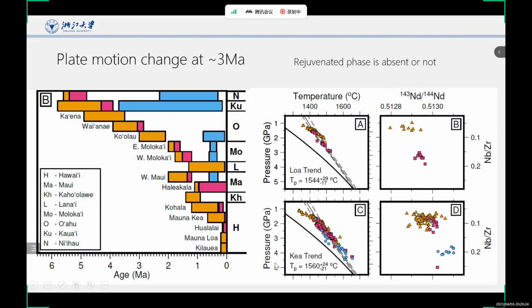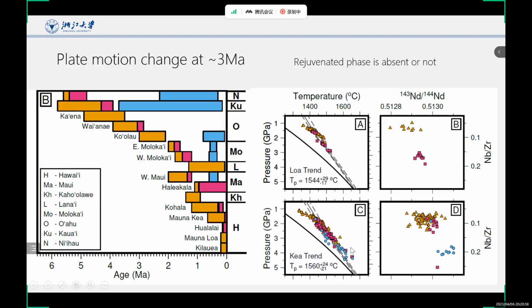You can see the blue melt is deeper, and they think the Kea trend shield phase is also higher than the Loa trend shield phase. So they think the Kea trend shield phase is a mixture of deeper and enriched melting.